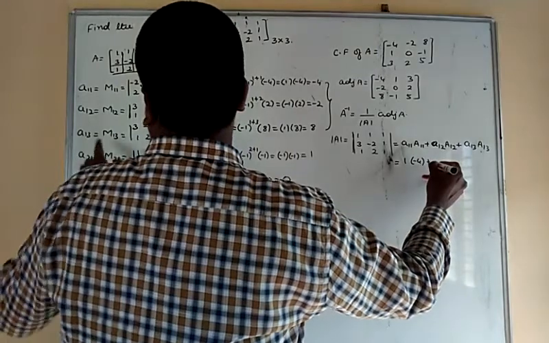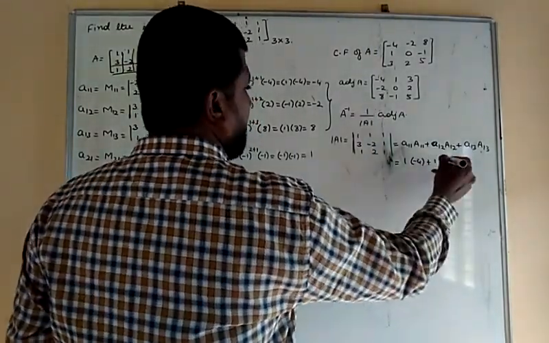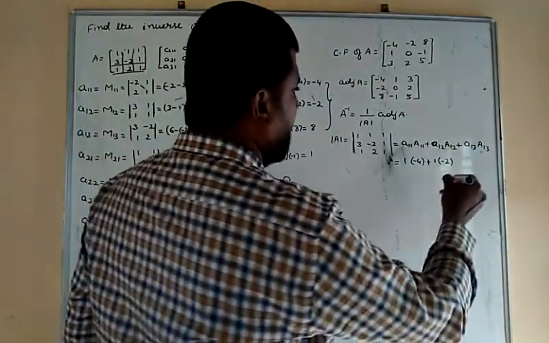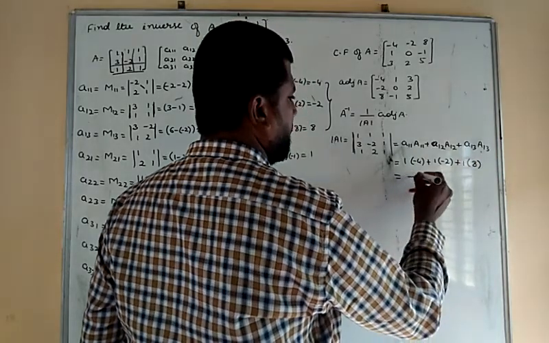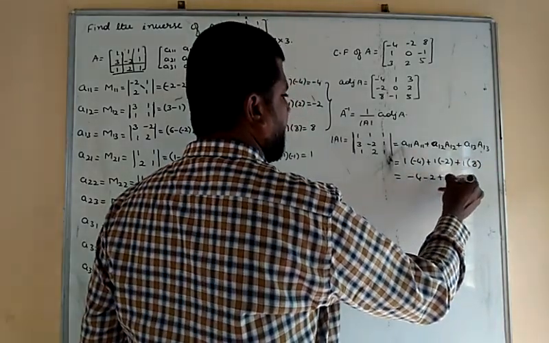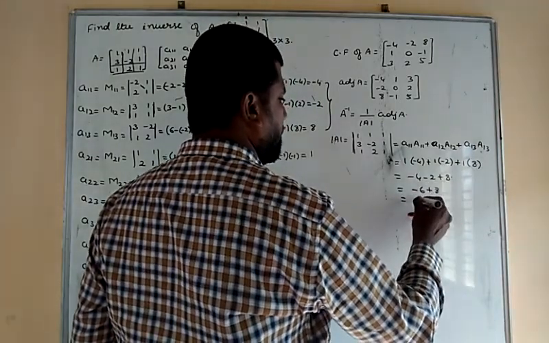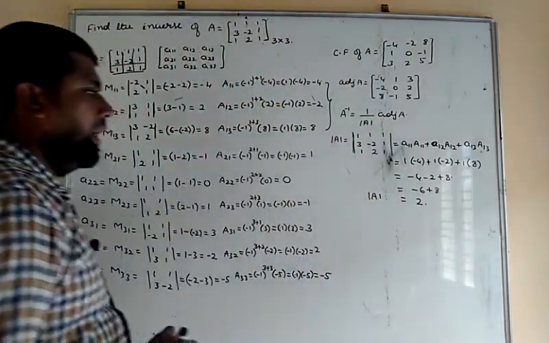Then plus A12 element is 1, 1 into cofactor is minus 2. Then A13 element is 1 and the cofactor is 8. So minus 4, then minus 2 plus 8, so minus 6 plus 8, that is equal to 2. So we got the value of the determinant here.